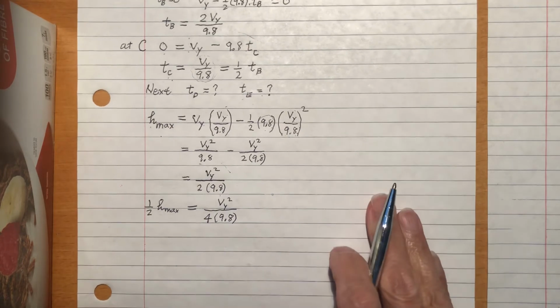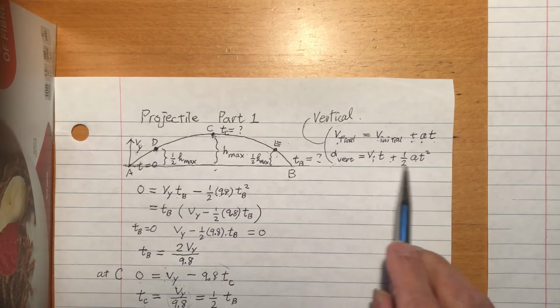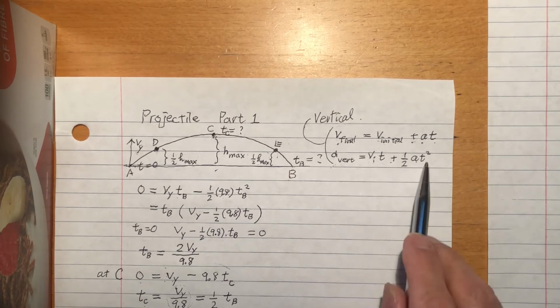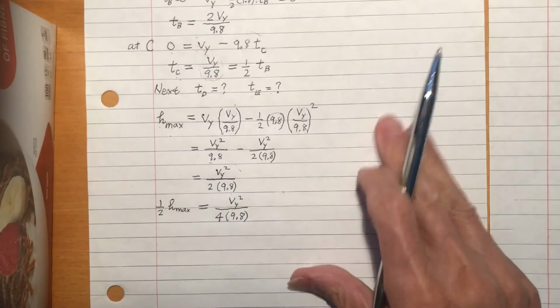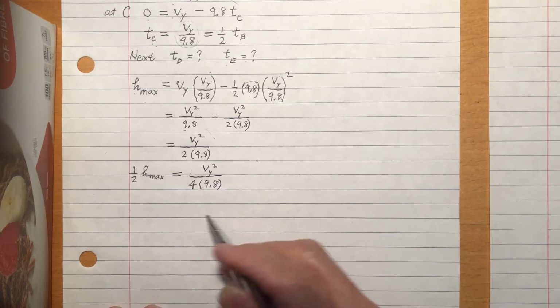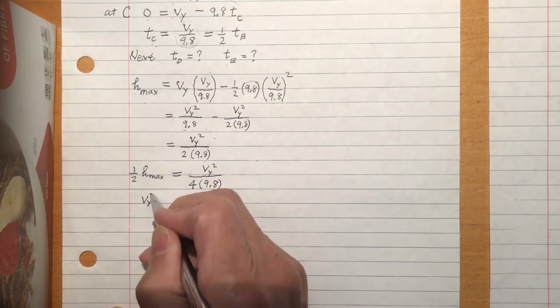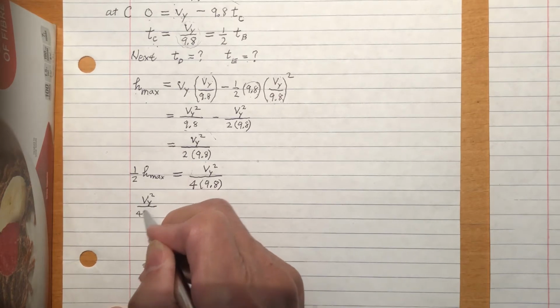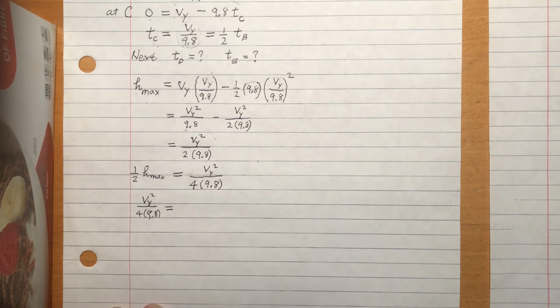So I use the displacement equation here. I know the vertical height. Okay, what is the vertical height? Here. So I write this way. Vy squared over 4 times 9.8. This is distance.